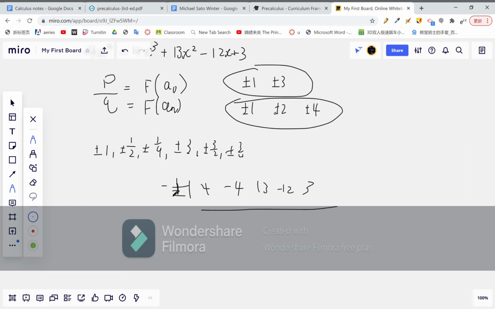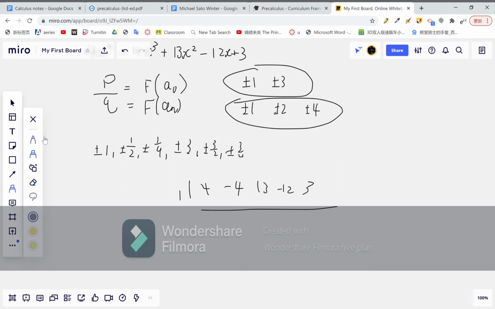So 1/4. Not negative. It's not working. Try negative 1/4: no, still not working.